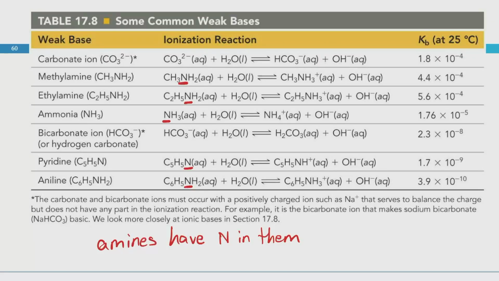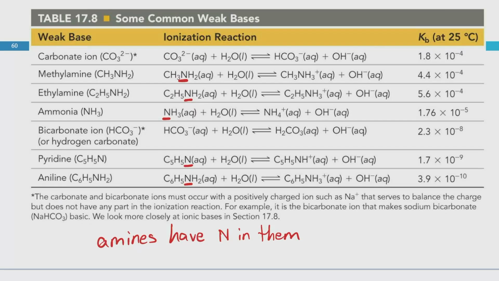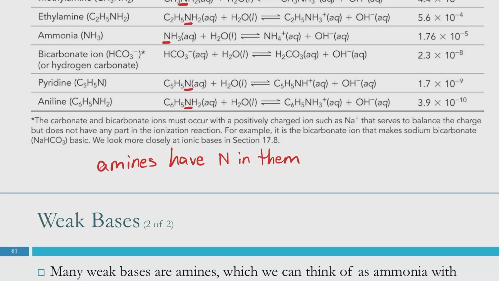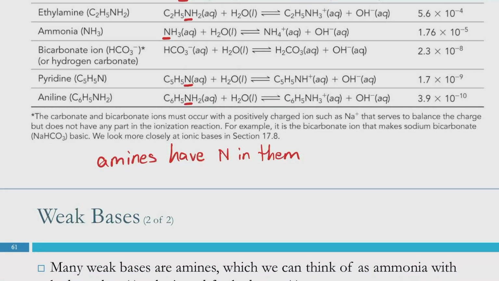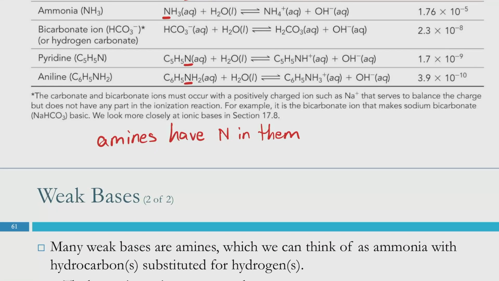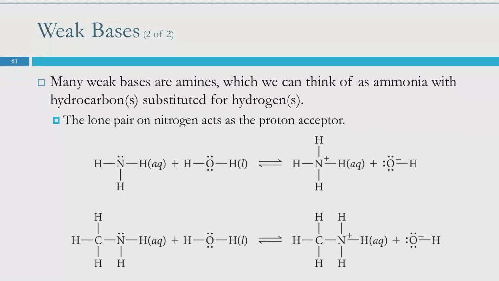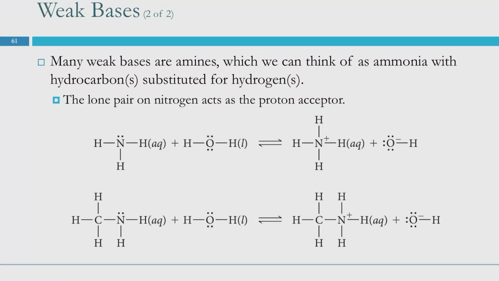So that's a common theme among our weak bases. Not all of our weak bases are going to be amines, but this gives us a means of identifying some of our weak bases.